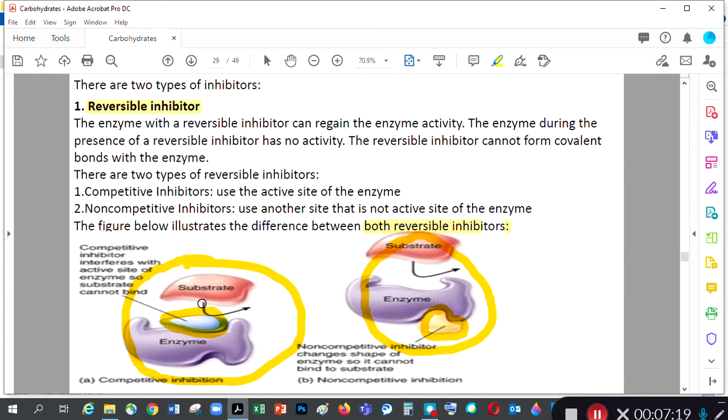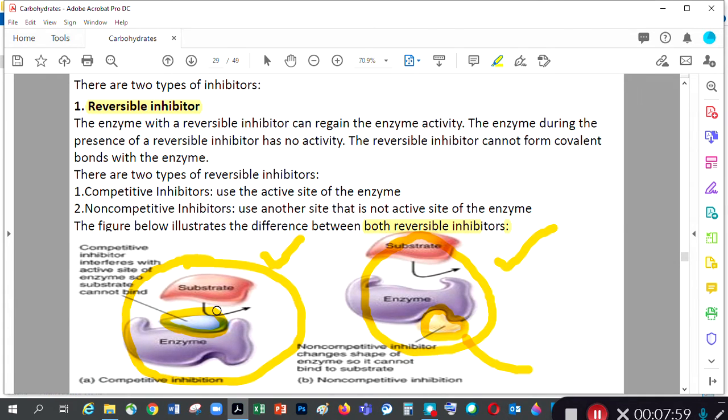So this type is competitive inhibitors, correct? And this type is non-competitive inhibitors. Here the inhibitor is at the side, not allosteric, just any site. It's attached to this site, forcing the active site to change its shape, and the substrate cannot fit. The competitive inhibitor comes and takes over the whole active site.